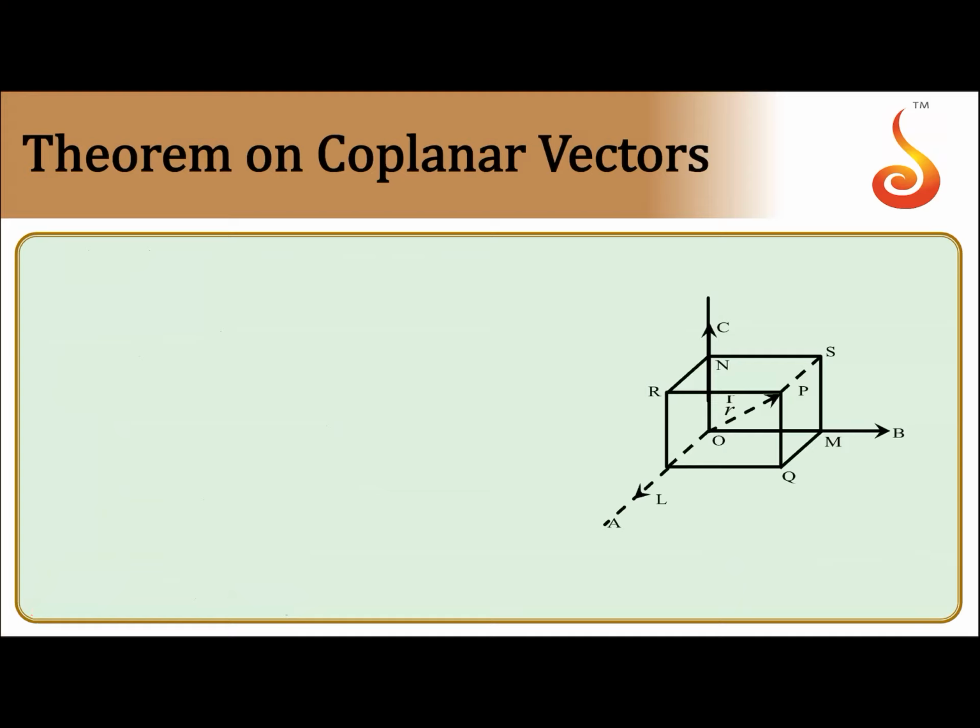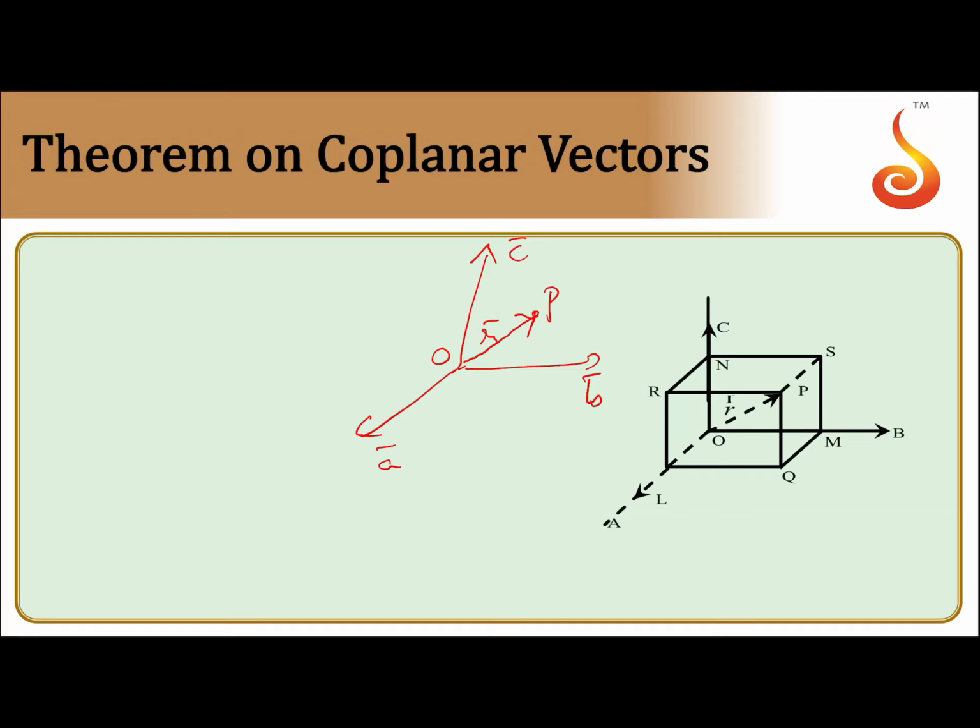It's actually simple. I would consider A bar, B bar and C bar to be any three non-coplanar vectors. This is A bar, this vector is B bar, this vector is C bar. I consider a point P in space whose position vector is R bar.